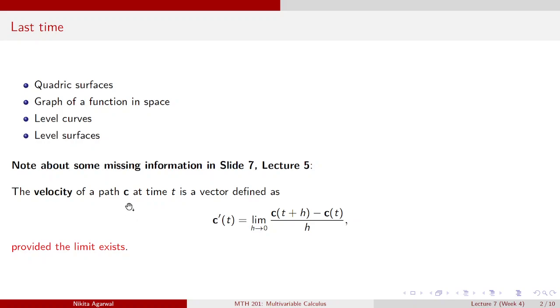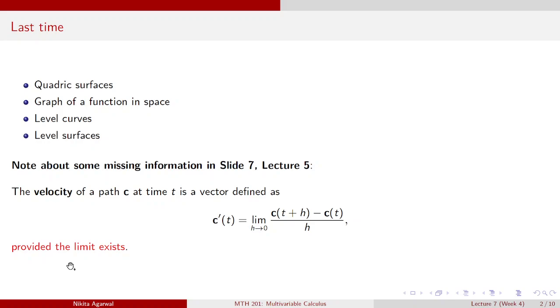When we define velocity of a path c at time t, it's given by this vector which is a limit. It could be the case that this limit does not exist. So we define velocity to be this vector provided the limit exists.